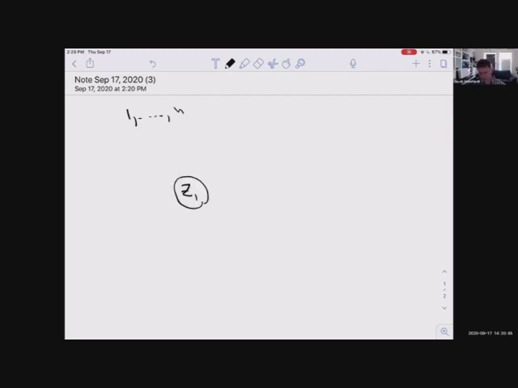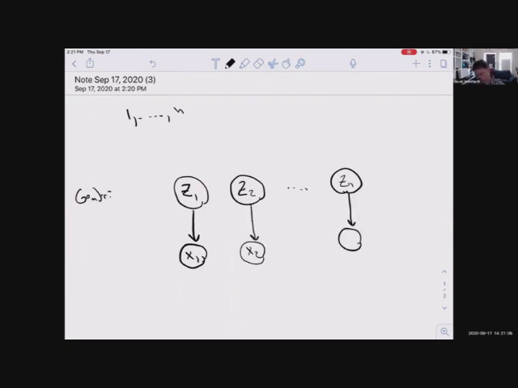So we'll say, okay, we have first the gender, right? So there's these Z1, Z2 through Zn. And then once we know the gender, we can say what we believe about the height. Although I also need to know what these hyperparameters are.